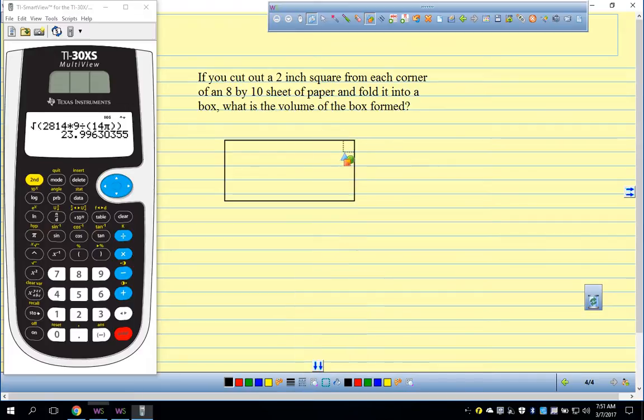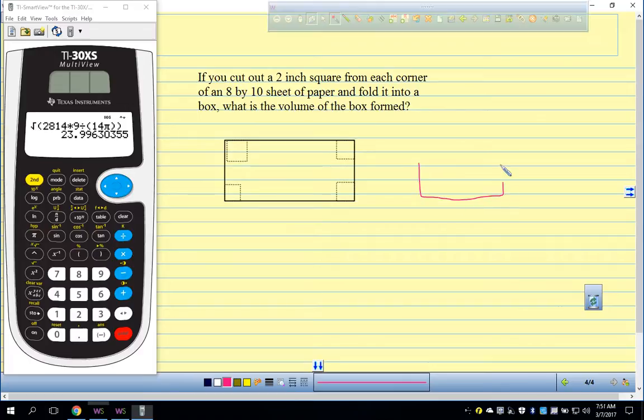I'm going to cut out a 2-inch square from here, from here, from here, and from here. Okay, so when I fold this all up, this is where I'm going to run into trouble. I get something that looks kind of like this.